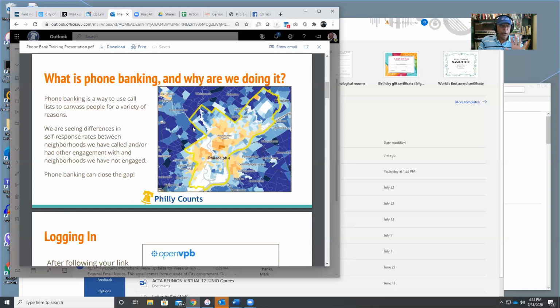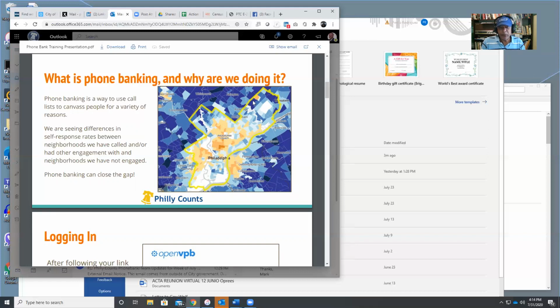We are calling two sets of databases, and I'm going to talk about that later. When you look at the map, you're looking at a map of Philadelphia, and you see the dark brown areas. Those are the areas that are not responding as well as we would like. The response rate is below 50% for households.